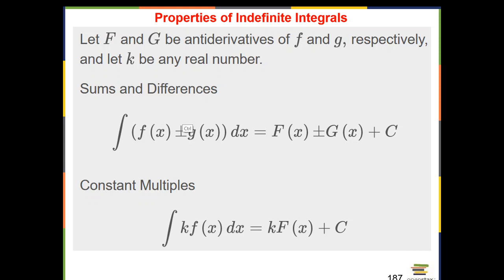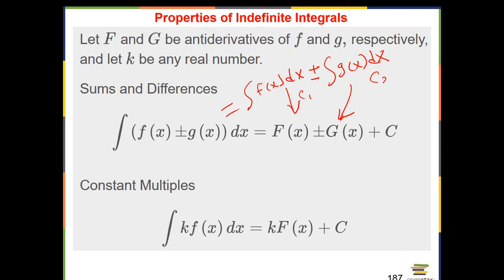So if we have a sum or difference, we can separate it into two. So this is integral of f of x dx plus or minus integral of g of x dx. And the answer to this is this, the answer to that is that, and then plus c. There is actually a plus c1 here and plus c2 here. We can combine it into one c, right?